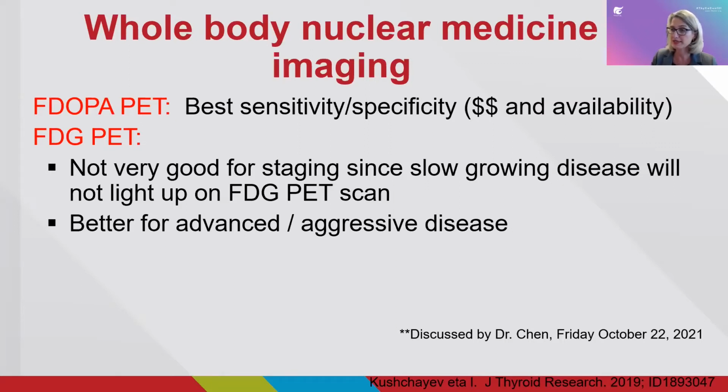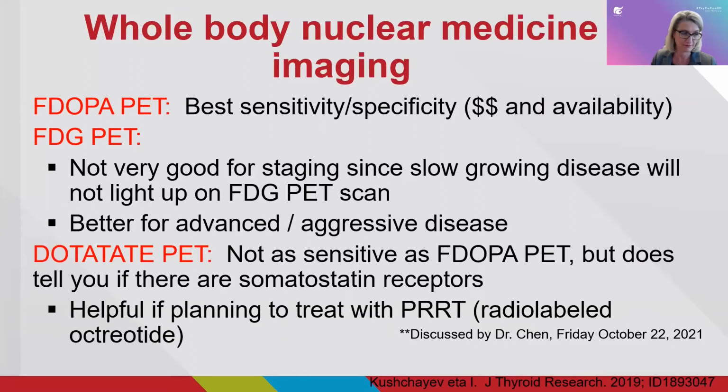So you might miss some that are very slow growing. It is better, however, for people who have more advanced or aggressive disease. So PET scans can be very helpful, but they're better for people whose disease is progressing more quickly. Just remember they can miss some slower growing spots.